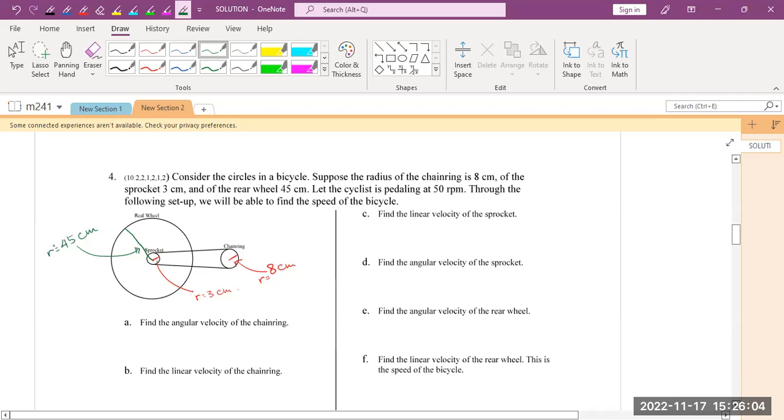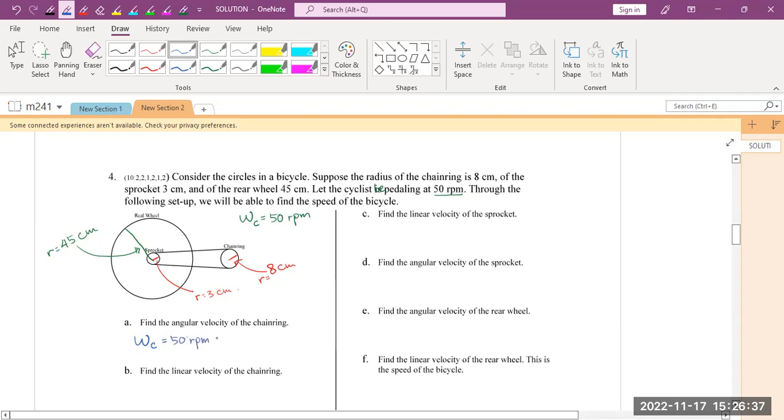Let the cyclist be pedaling at 50 RPM. So that's the chain ring, right? So the omega, the angular velocity of the chain ring, is 50 RPM.